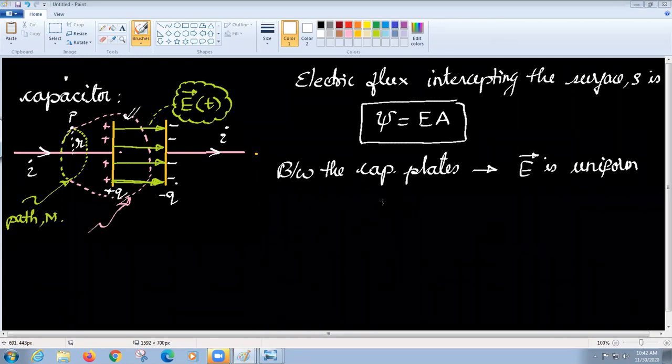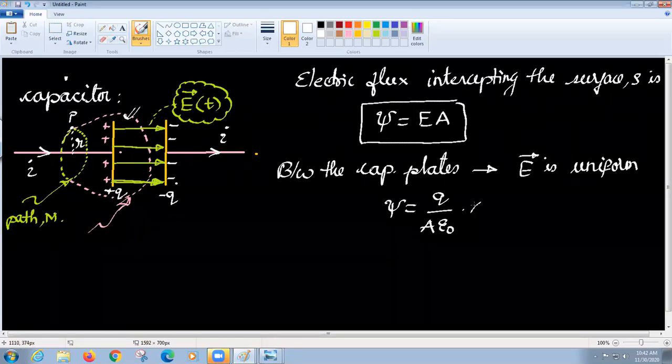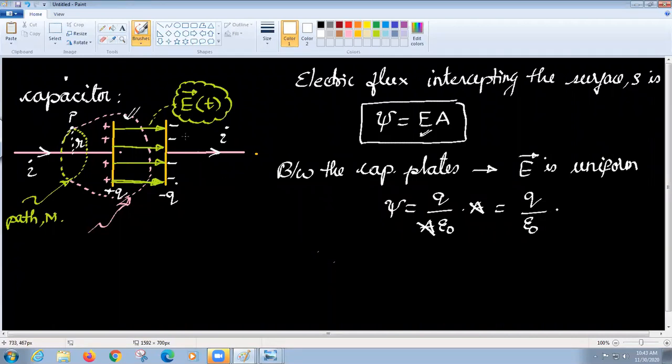Bearing this in mind, psi is equal to, if this is uniform, I know I have Q over A epsilon naught multiplied by A. Just plug in that E in this, and you have psi is equal to Q over epsilon naught. Okay. Now, as the electric field is changing with time, the flux also will change in time.